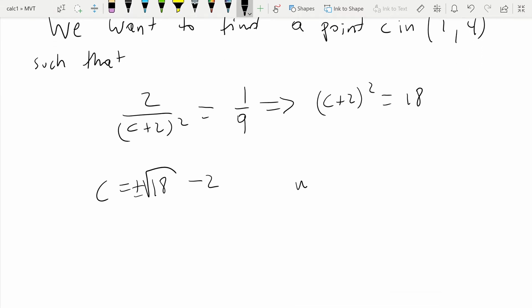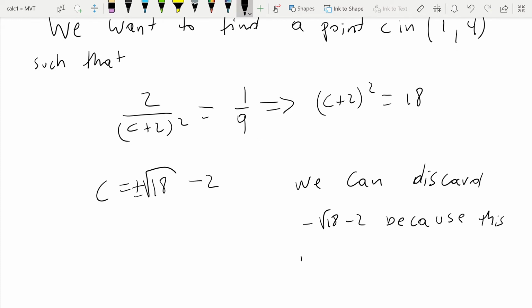So here we can discard minus square root of 18 minus 2, because this is outside (1, 4).